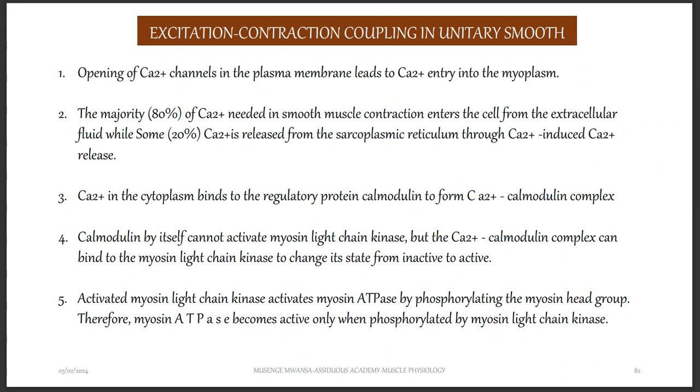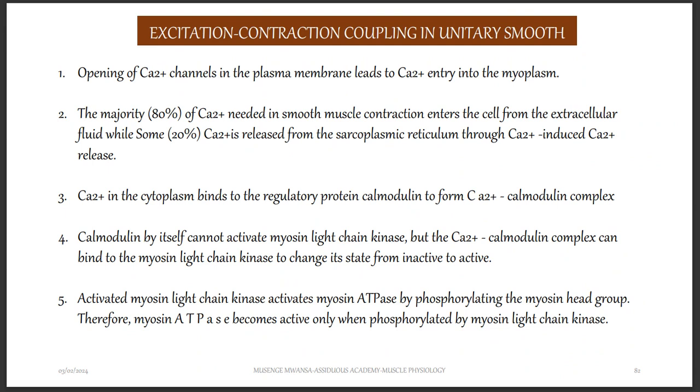Now, this is a kinase. After it has been activated, it is going to activate myosin ATPase by phosphorylating the myosin heads. So, activated myosin light chain kinase will activate myosin ATPase.